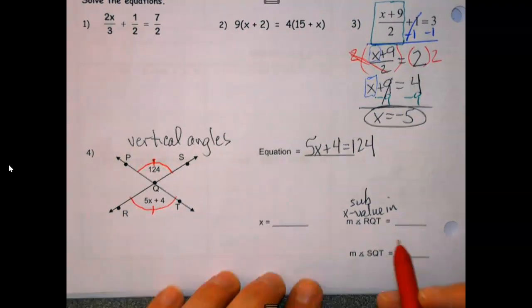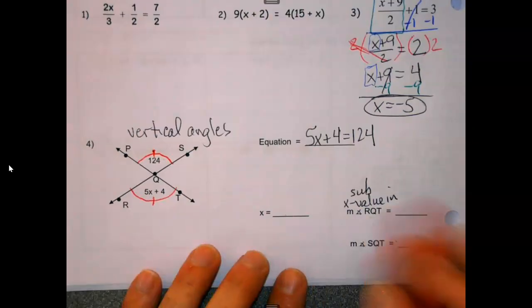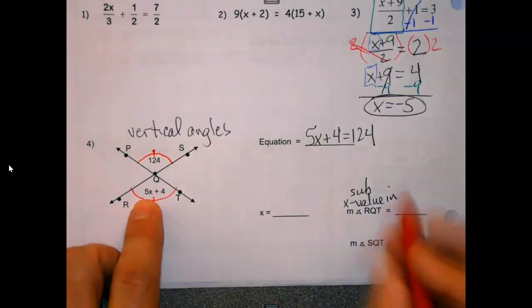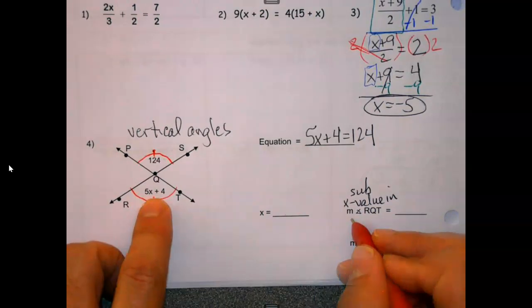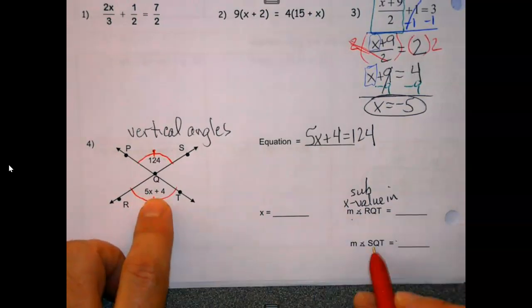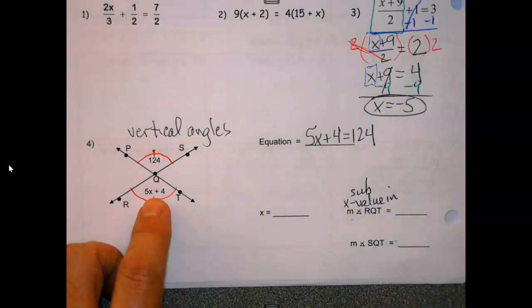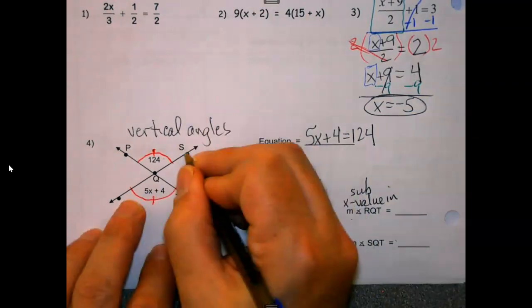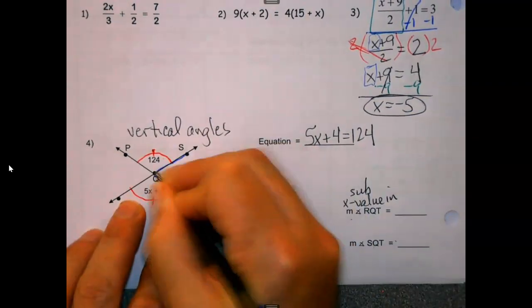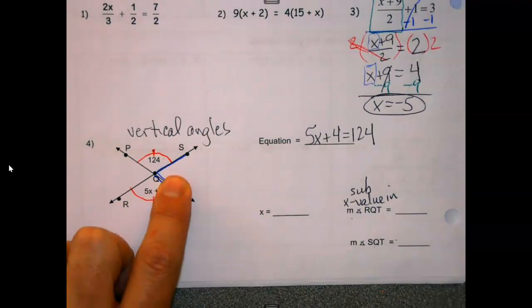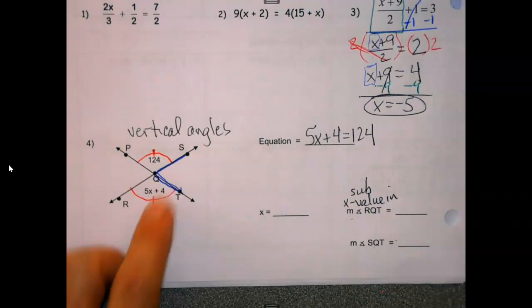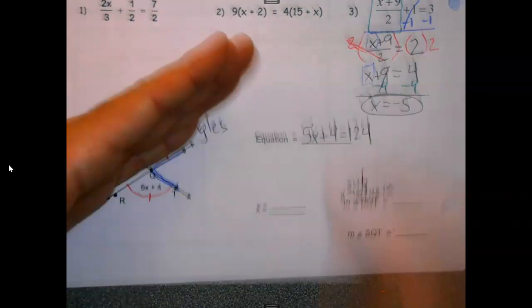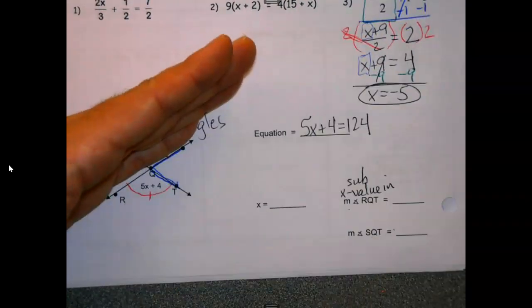Reminder of something. I almost went too fast. So we're going to sub the x value in for 5x plus 4, but then, you're like, wait a minute, Hardy, there's nowhere to plug the value in here. What happens when two angles make a straight line? That's 180.